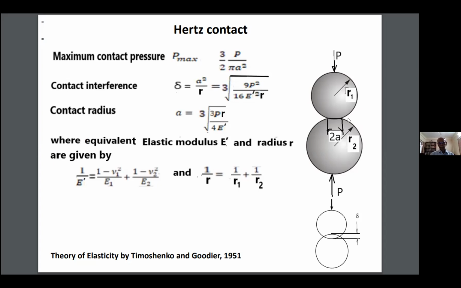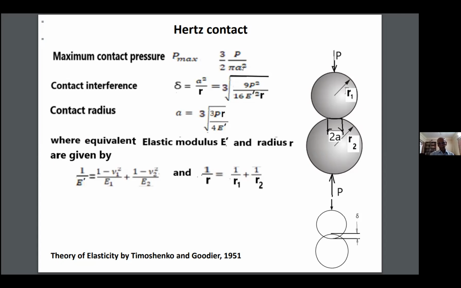Without going into the derivation, we can make use of the Hertz analysis and say that the maximum pressure at the contact is P max equals 3/2 P by pi a square.